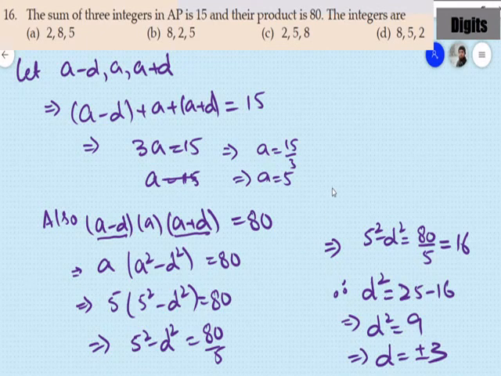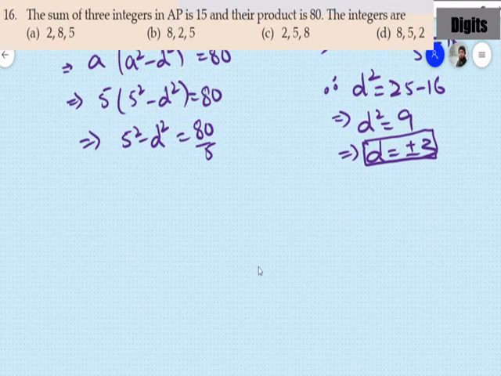Therefore A is 5, which is the value of A, and D has two values. Now we will see what will happen with the series. We will find out the two series.